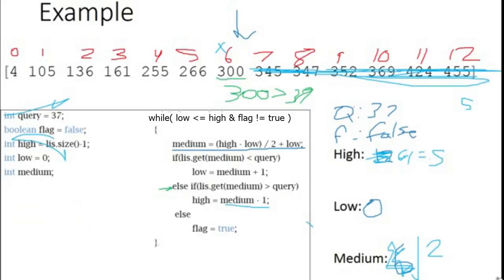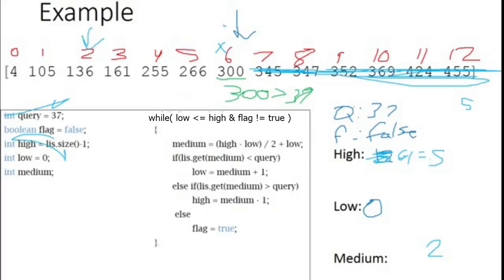I'm going to erase this to clean it up. Plus low, which is plus 0, so it's fine. So 0, 5, and 2. That means we look at 2, which is medium, which is this one right here.